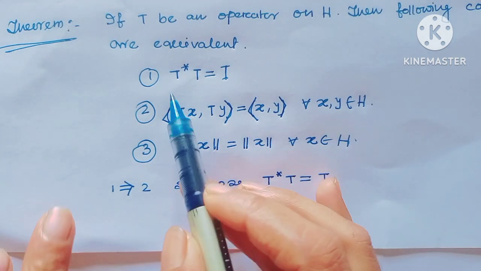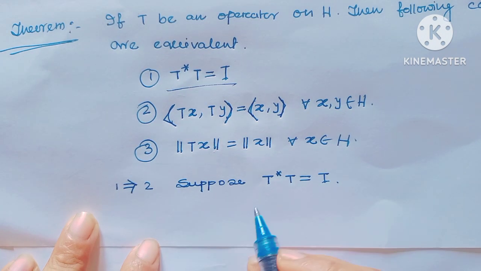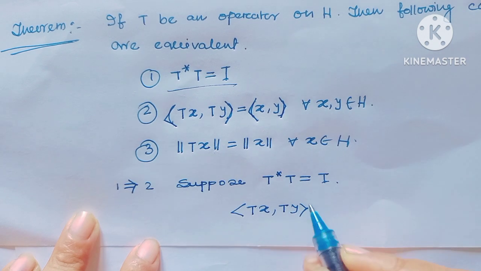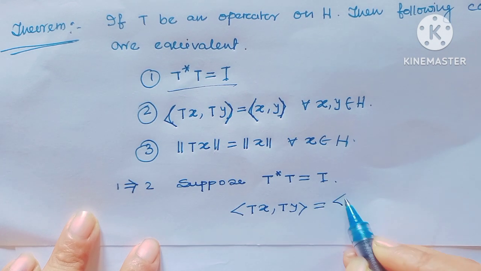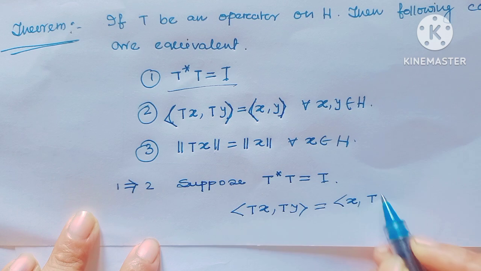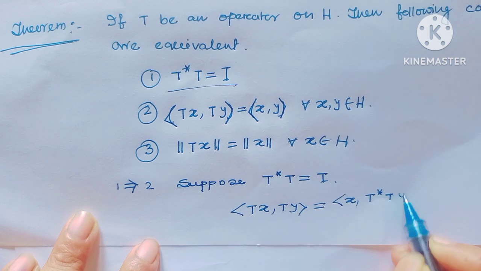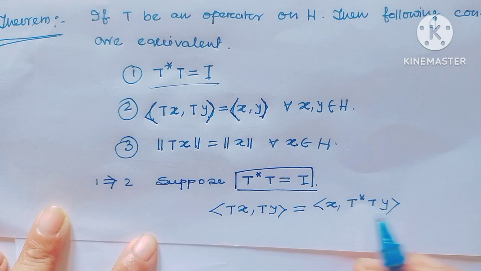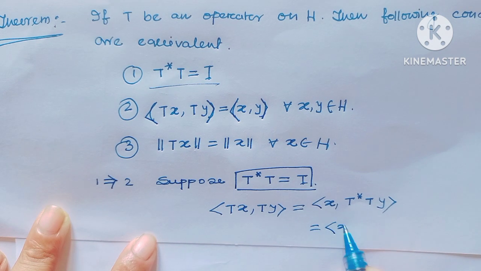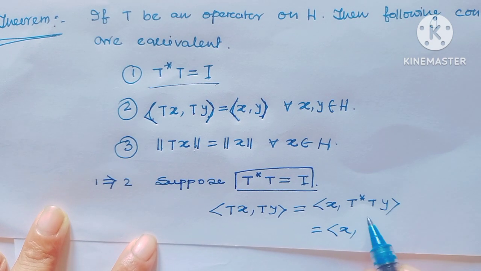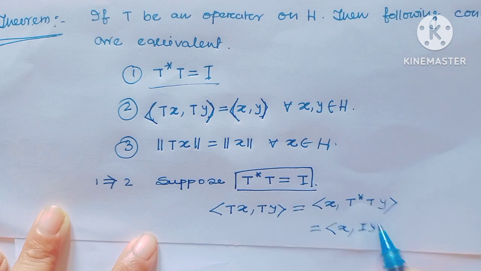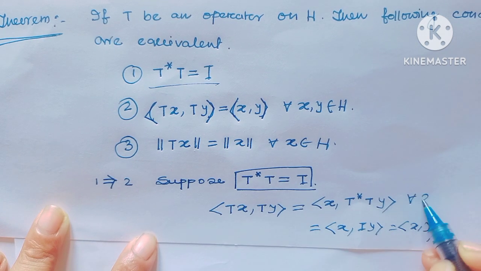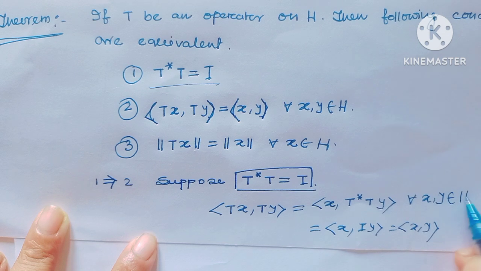First, suppose T star T equals identity operator. Then, inner product Tx comma Ty, we can write this as inner product x comma T star T y, and T star T equals identity. So, this is equal to x comma identity times y, which is equal to inner product x, y. And this is true for x, y belongs to Hilbert space.